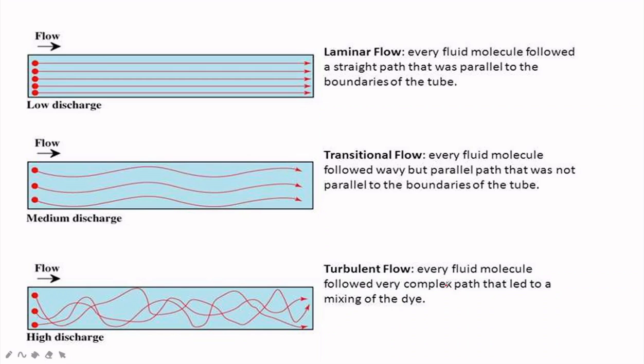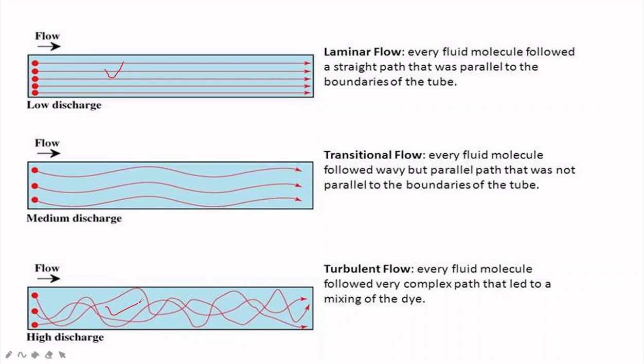Every fluid molecule follows a very complex path that leads to the mixing of the dye. Here dye is taken as an example. So what is transition flow? Every fluid molecule follows a wavy but parallel path that is not parallel to the boundaries of the tube. Next, laminar flow is just changing from this range to this range.